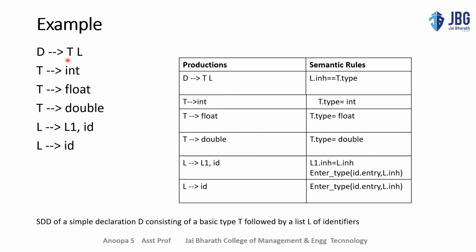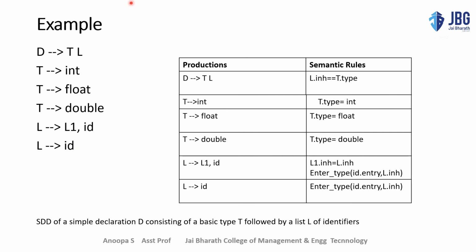Here it is the data type, which can be either integer, float, or double, and L is the variable. The variable can be either one variable, that is why it is given L giving ID, or it can be more than one variable. For example, int A comma B comma C, then I should give this production so that L can be repeatedly given.